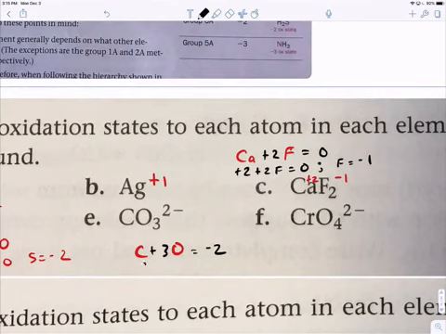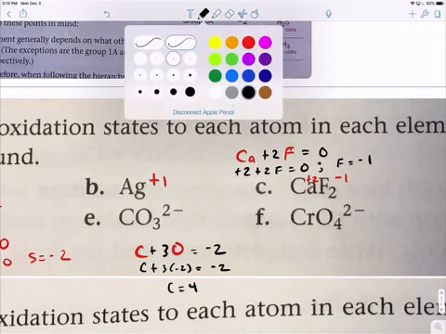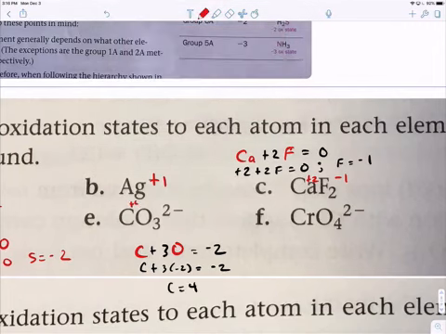Oxygen tends to be -2, so carbon plus 3 times -2 equals -2. So 3 times -2 is -6. Add 6 to both sides. 6 plus -2 is 4. So carbon is +4. Oxygen is -2.